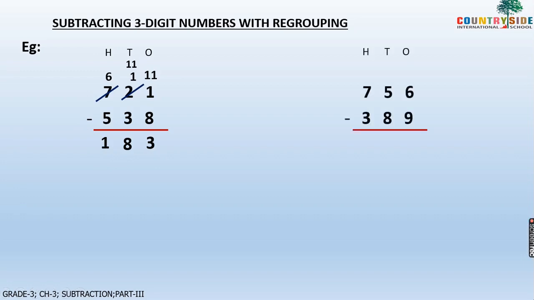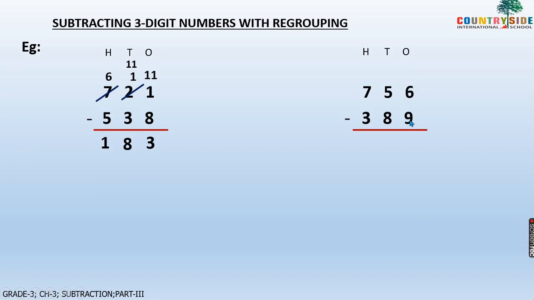Okay children, let's see another example. 756 minus 389. Now from 6 we cannot subtract 9 because 6 is smaller and 9 is a greater number than 6.